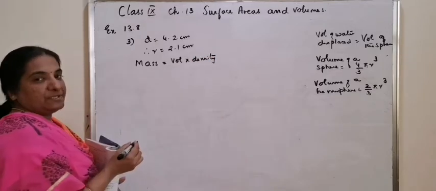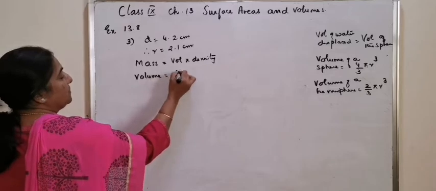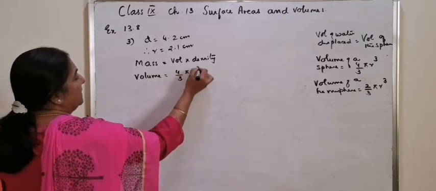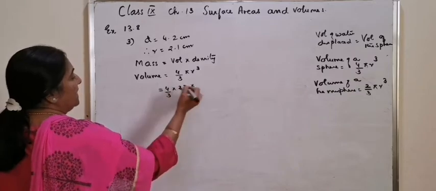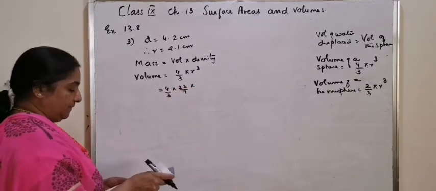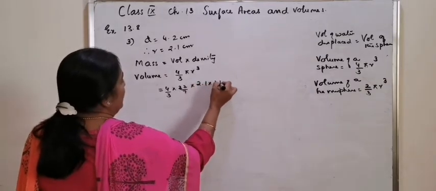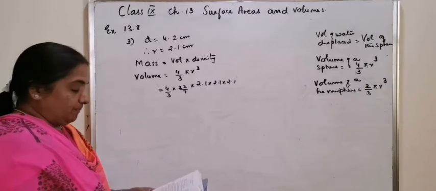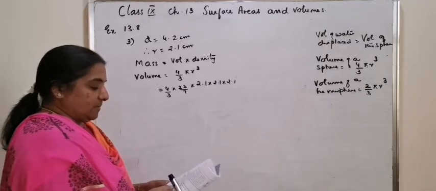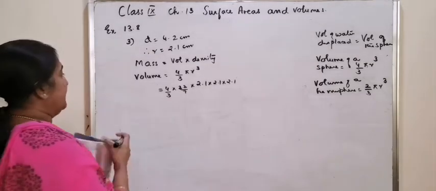So the first concept is to find out what is the volume. Volume is equal to 4 by 3 pi r cubed, 4 by 3 into 22 by 7 into the radius is 2.1 into 2.1 into 2.1. So now, since the question is what is the mass of the ball, directly you can multiply.